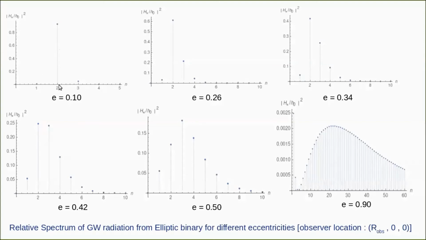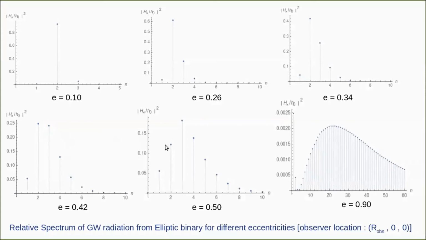So it turns out to be the circular orbit when e tends to 0. And when we increase the eccentricity, we see that all other components are rising, and after e equals 0.42, we see that the competition is very interesting.